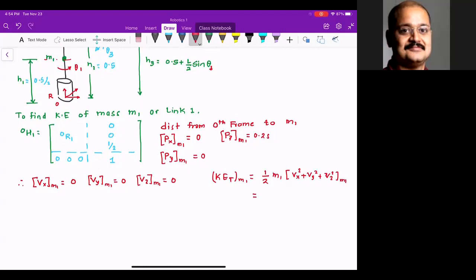Since all these values are 0, the kinetic energy of translation for the mass M1 is 0. What it means is mass M1 is not moving either in x direction or in y direction or in z direction with respect to the reference frame 0. Everyone understood this? Now comes the interesting part.